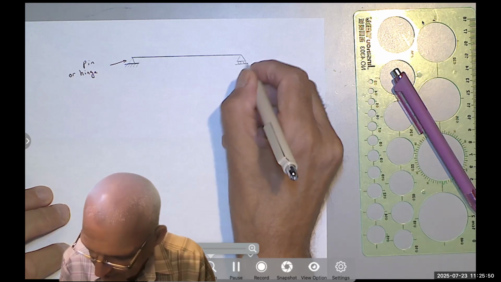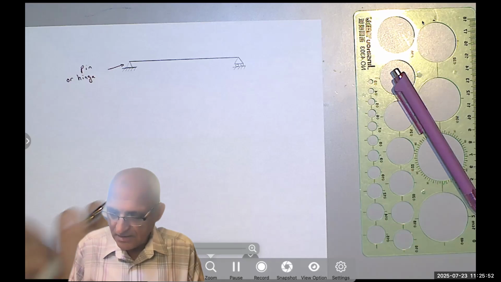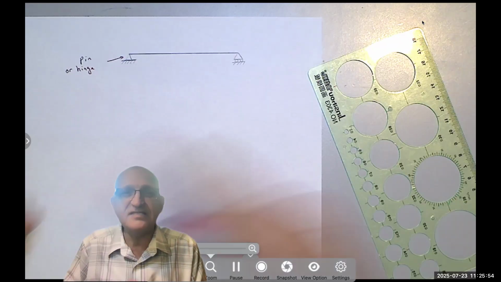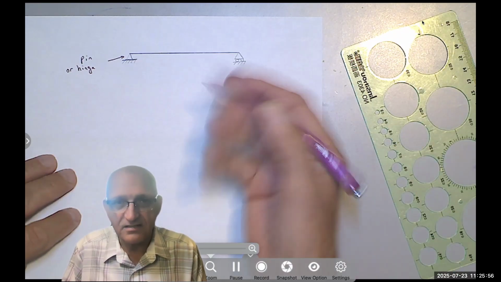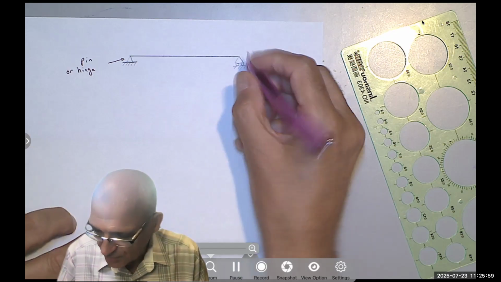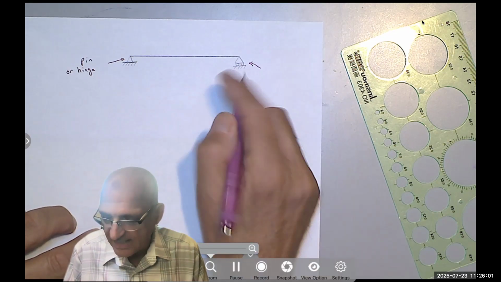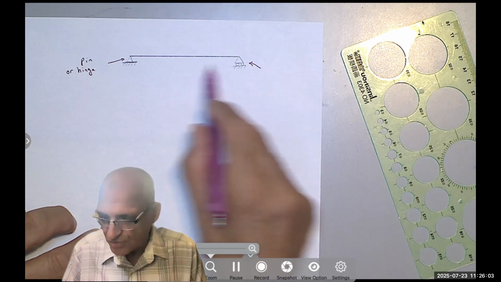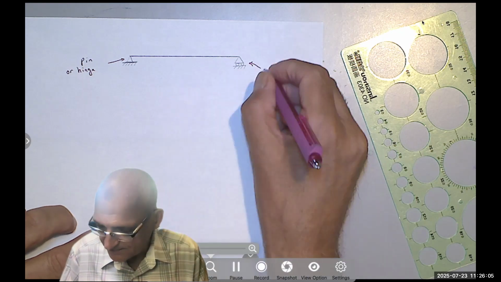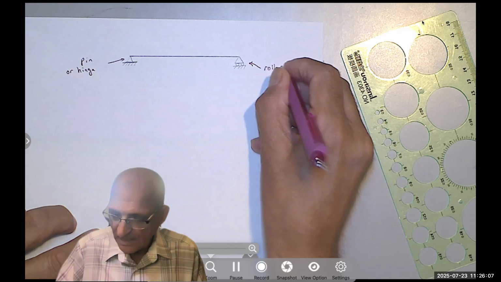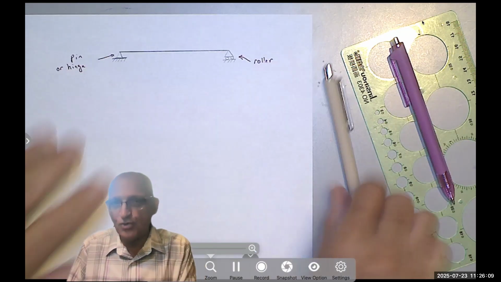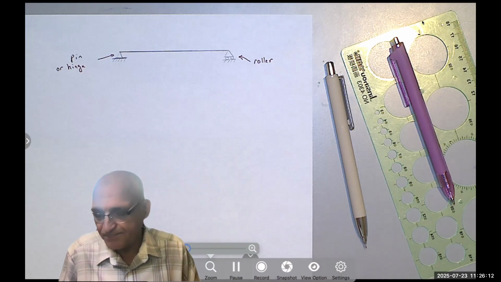So a roller, as you can see, it's as if these are wheels. They aren't, but as if they are. So we call that a roller because if it's alone, it can roll right and left. These are the two most famous. We'll cover more.